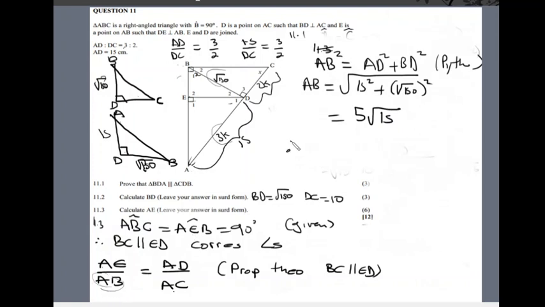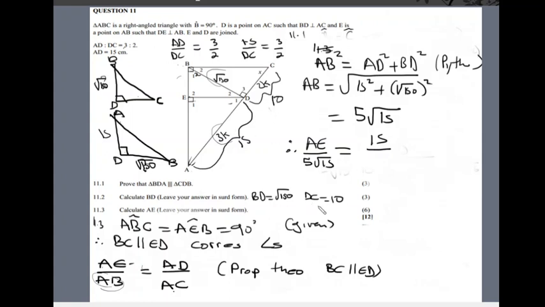So therefore AE over 5 times the square root of 15 is equal to AD, which is 15 centimeters, over AC, which is 15 plus 10.